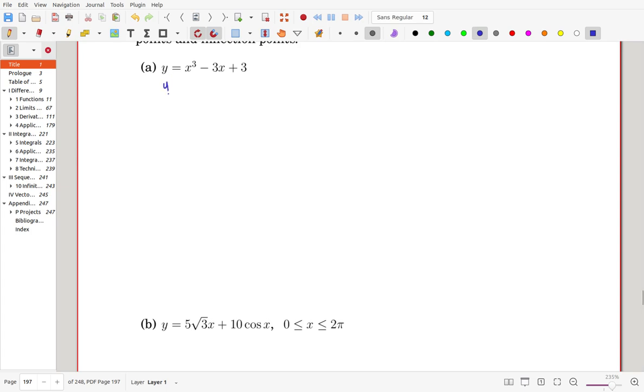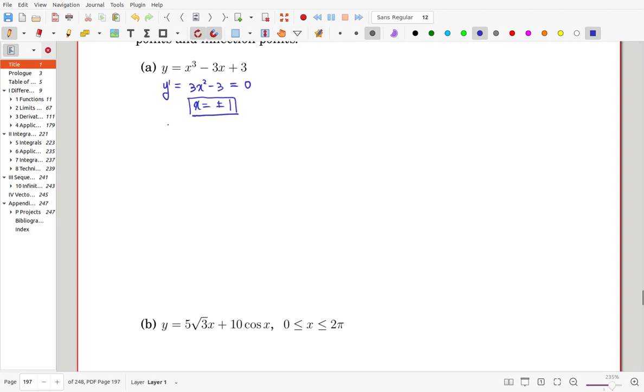Here y prime equals 3x squared minus 3. If you set this equal to 0, then x squared is 1, so x is plus or minus 1, and you have critical points.